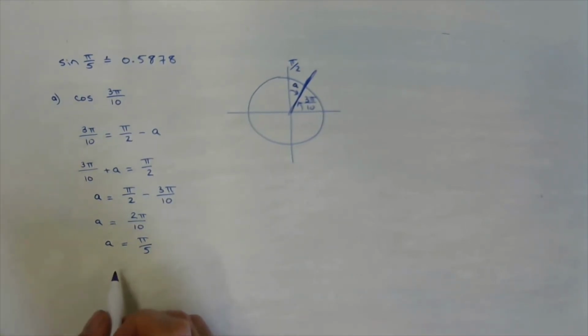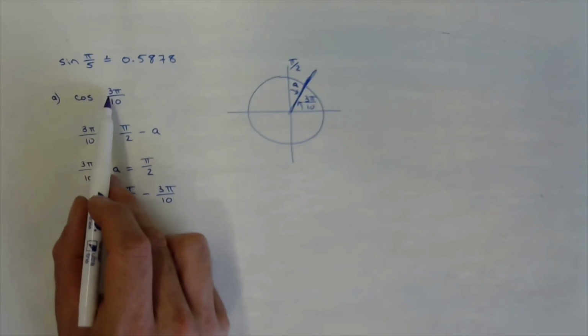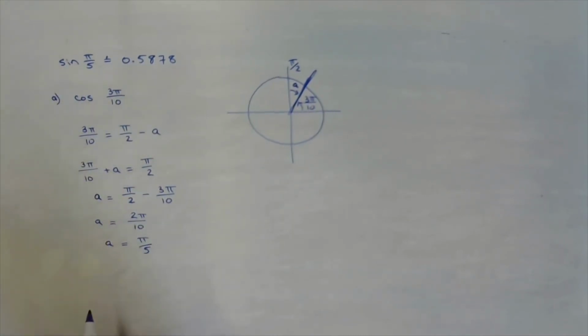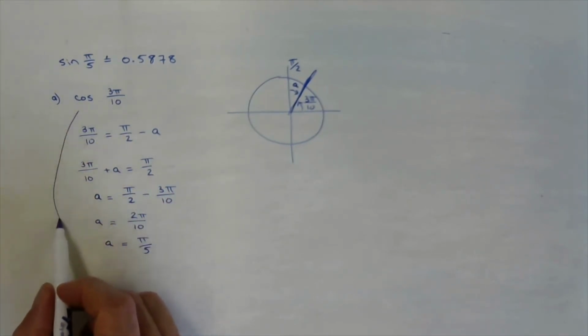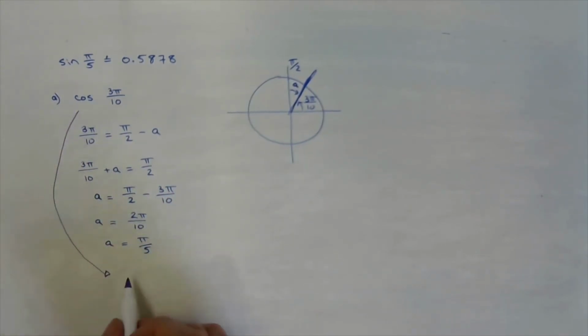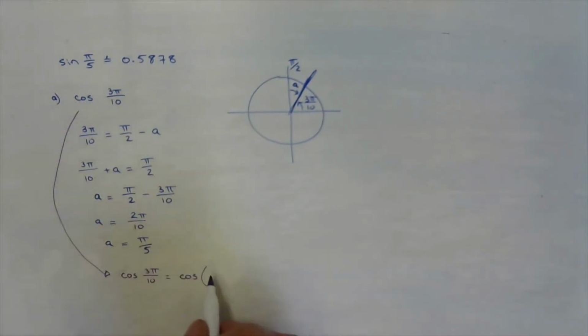all that just so that we can write the cosine of 3 pi over 10. So now we're kind of going from here all the way down. We're going to have the cosine of 3 pi over 10 is equal to the cosine of, we're starting at pi over 2, and we now know that a is pi over 5.